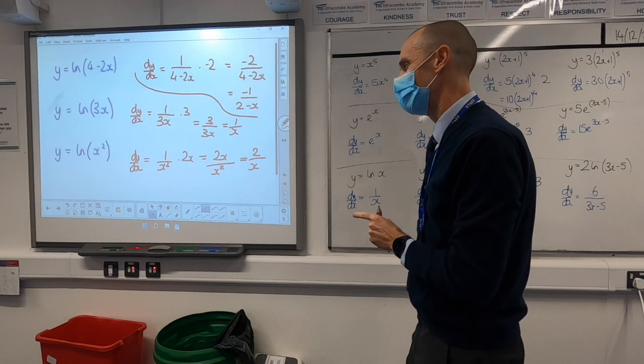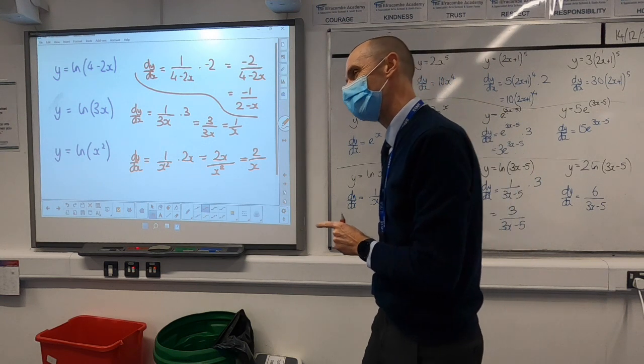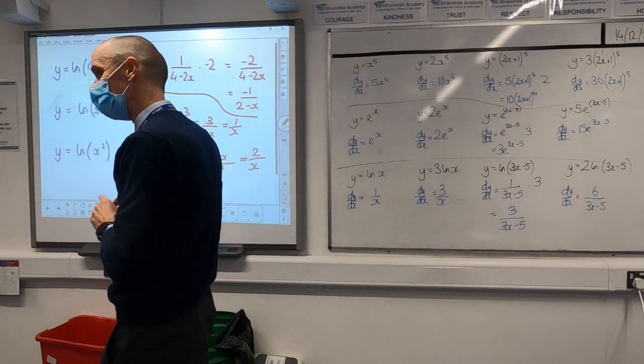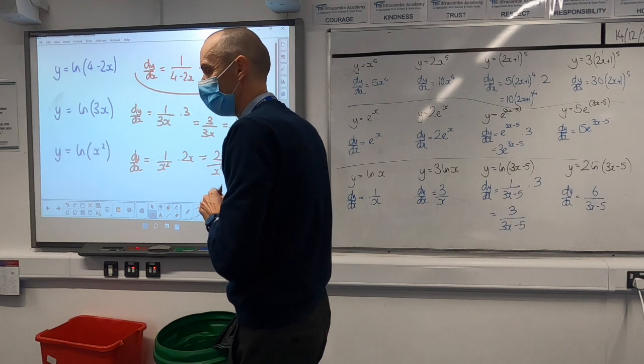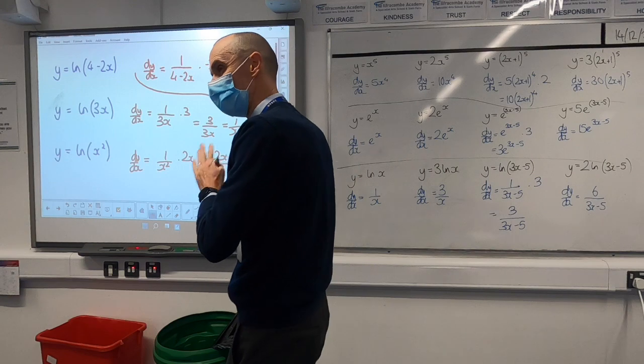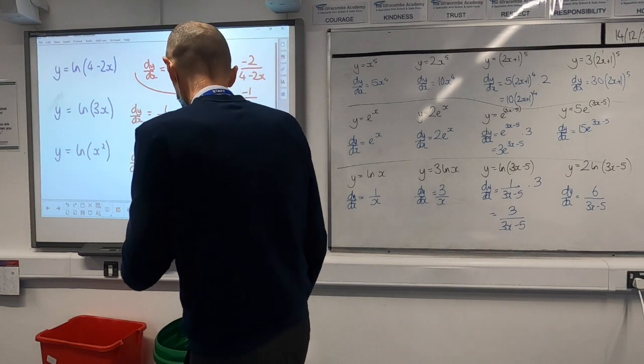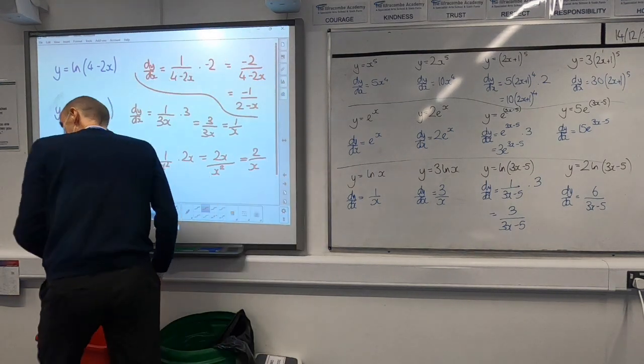Which is the same as what we'd get if we differentiated 2 ln x. And, well, again, we'll return to that. I mean, it might be obvious why that's the case. It might not be. That's not a huge problem at the moment. We can talk about that.